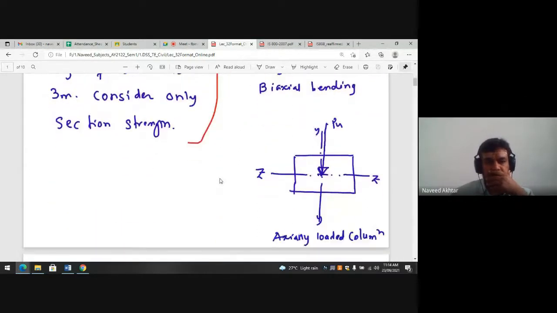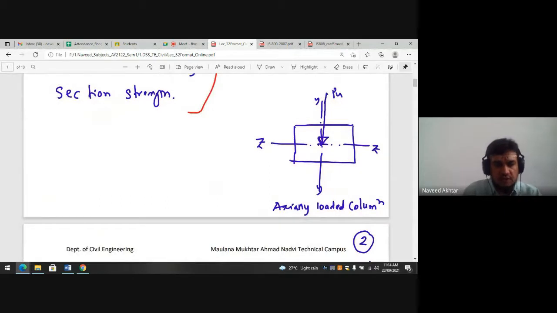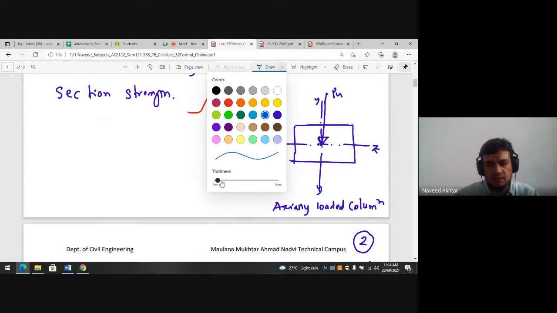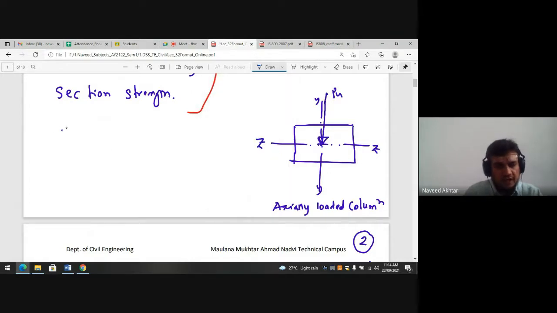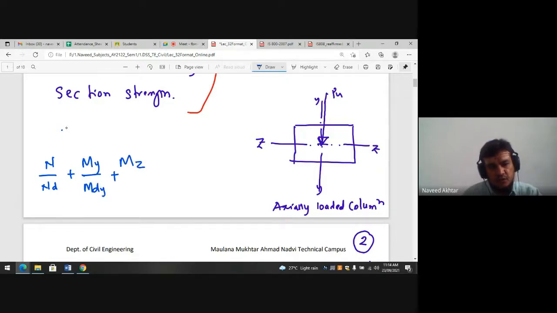Actually, the strength of the column in biaxial bending is N upon Nd plus My upon Mdy plus Mz upon Mdz, which should be less than or equal to 1. Then we will say that our design is okay.